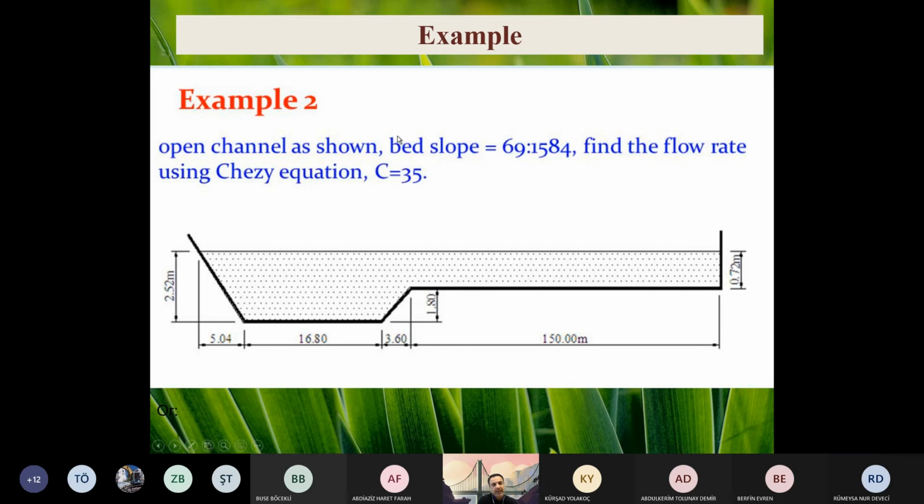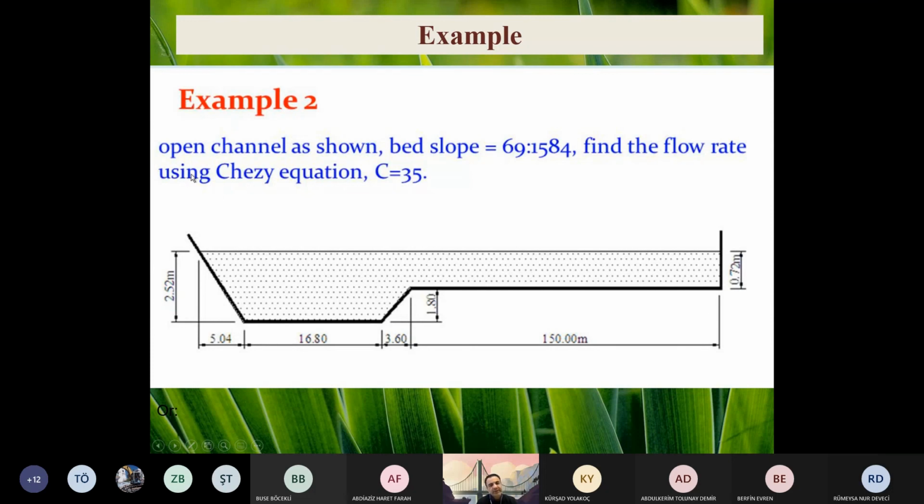And here I have another example. Now my canal is not a simple rectangular canal. I have here an irregular, or compound, channel. Here you see that I have two cross sections, one trapezoidal, for example, and one rectangular.